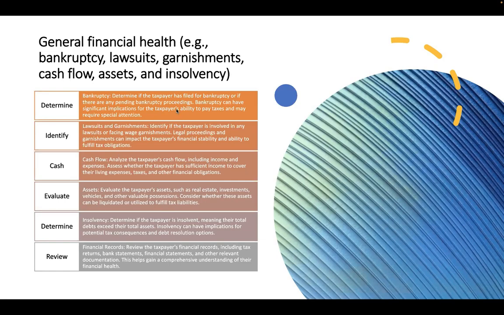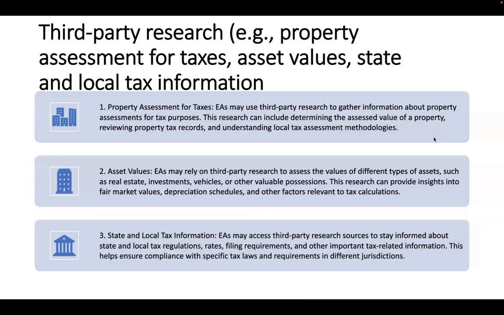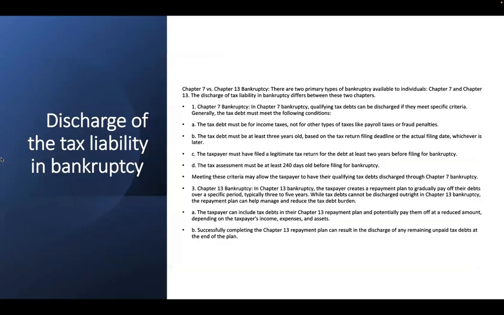So your clients generally have to have already owed the Internal Revenue Service for at least 3 years, right? So let's look at Chapter 7, for example. Chapter 7 is going to completely wipe out their tax debt. The tax debt must be for income taxes, so it can't be for other taxes like payroll taxes or fraud penalties.